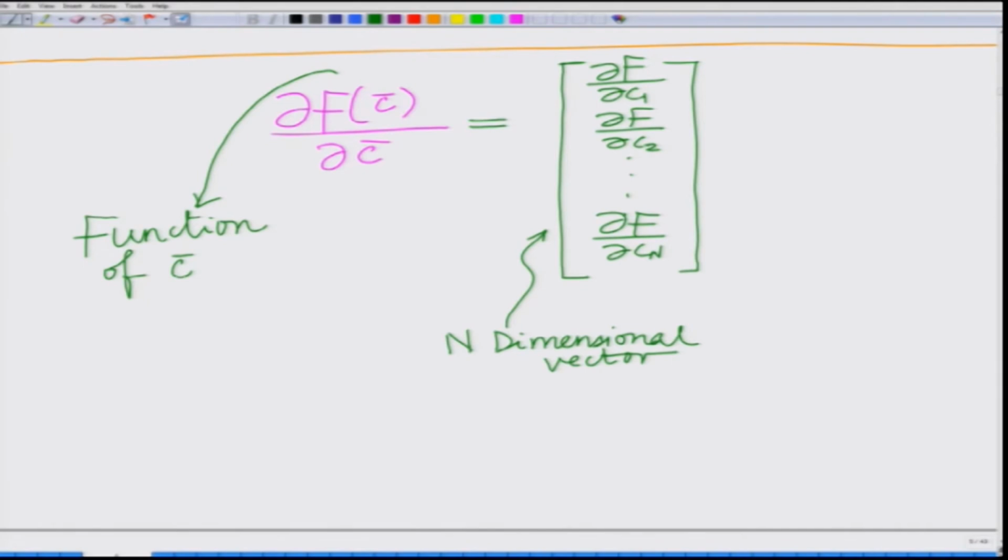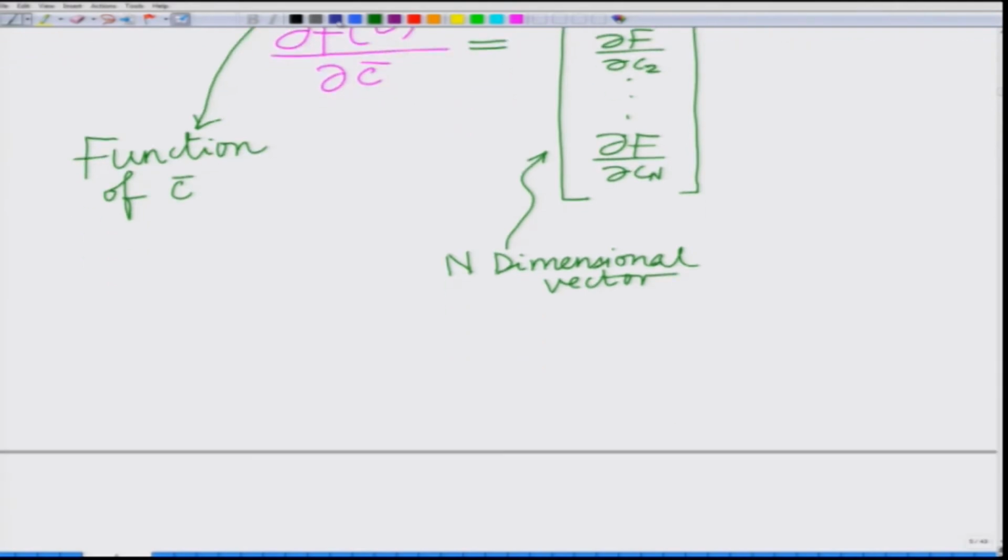For instance, let us take an example. Let us consider a simple scenario where f of C bar equals k, which is a constant.